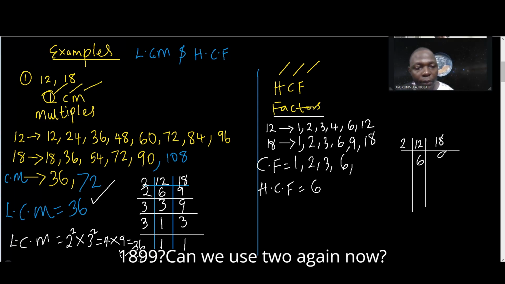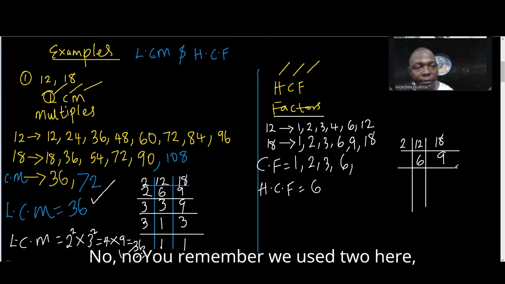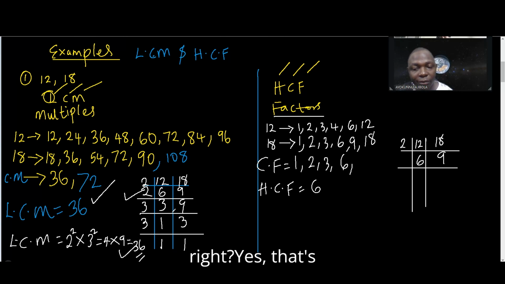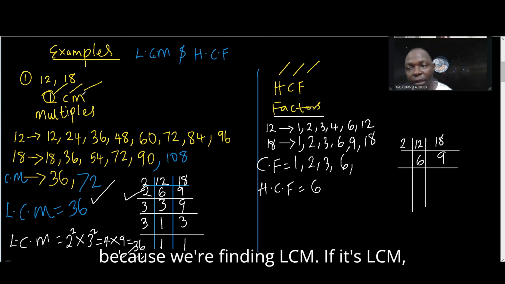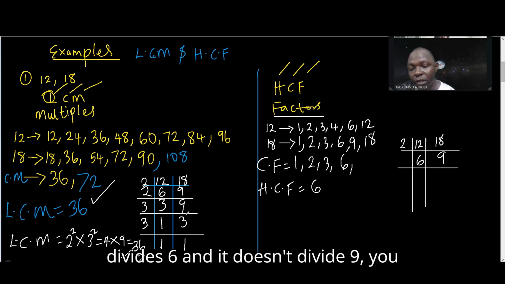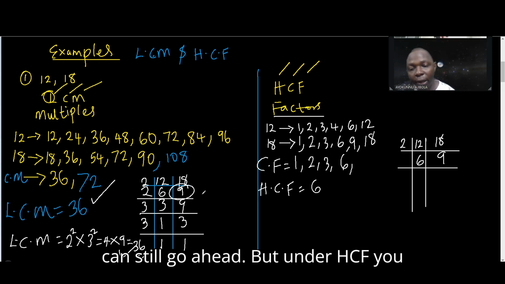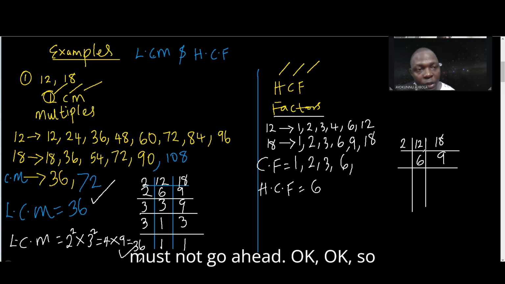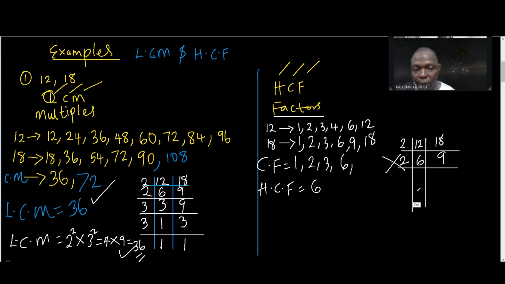Can we use 2 again now? No. You remember we used 2 here because we're finding LCM. If it's LCM, you are permitted to go ahead. If 2 divides 6 and it doesn't divide 9, you can still go ahead. But under HCF, you must not go ahead. So if I put 2, I would be wrong.